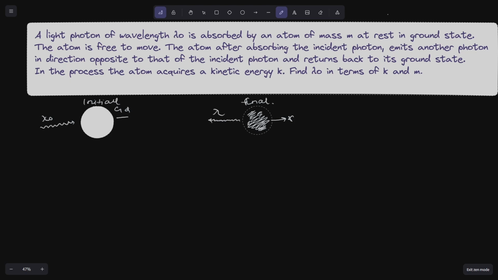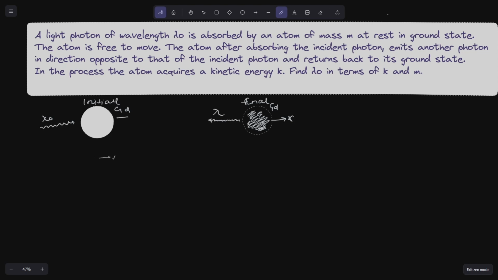So now it again comes to the ground state. Now we have to tell lambda naught in terms of K and m. The basic thing we should know is that in this case the momentum is conserved and energy is conserved. By applying these two, we'll get the answer very quickly.